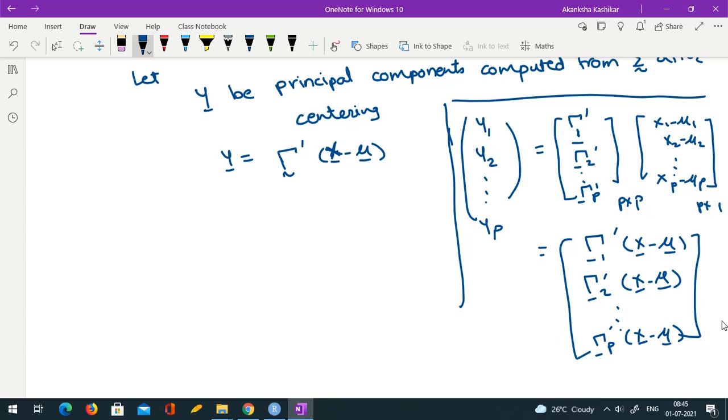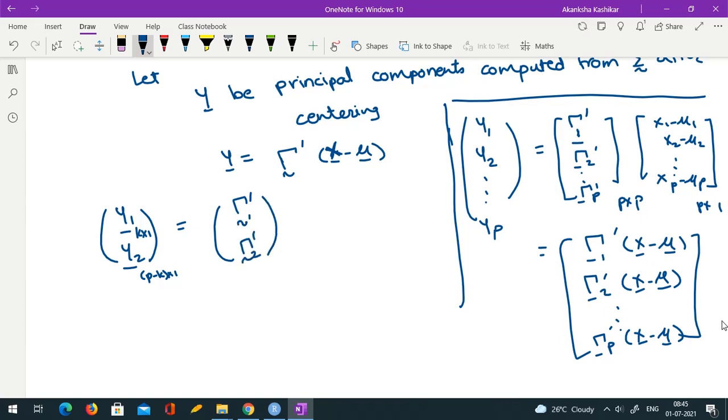So now my y I will write as y1, y2. Again y1, y2 is divided in the same order, so k cross 1 and p minus k cross 1. And then this gamma prime I would write as gamma 1 prime, gamma 2 prime.